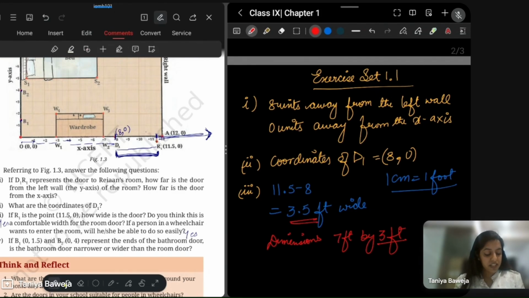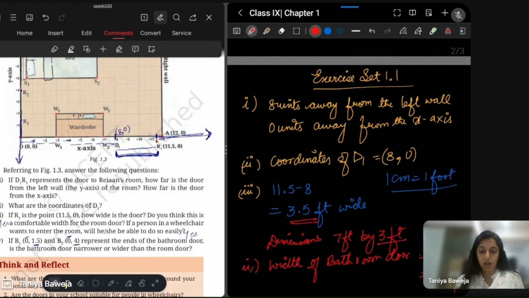Now as you can see, the x coordinate in both of them is 0, because the points are lying on the y-axis here. Lying on the y-axis, we just have to subtract 4 and 1.5 to get the width of the bathroom door. Width of bathroom door will be 4 minus 1.5, which is 2.5 feet.